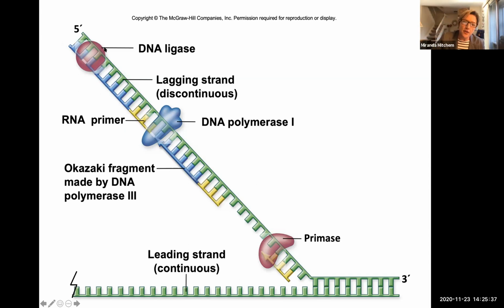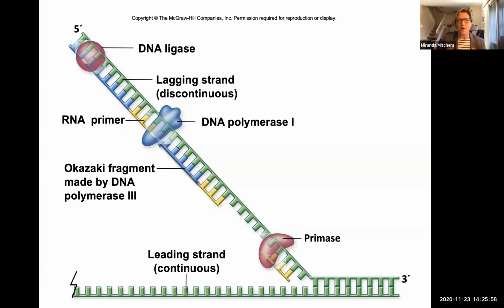And then the other enzyme that we were speaking of is DNA ligase. Its job is simply to stitch together the newly formed pieces of DNA. They're not joined together because those enzymes keep having to jump off because they can only go in one direction.